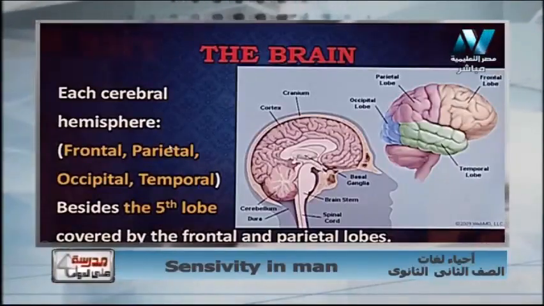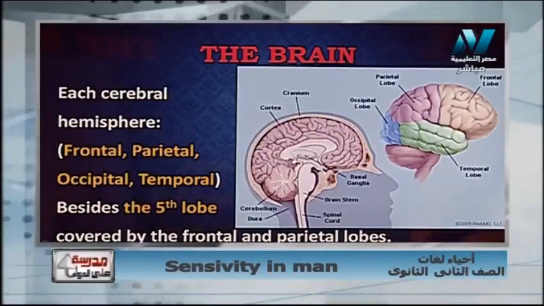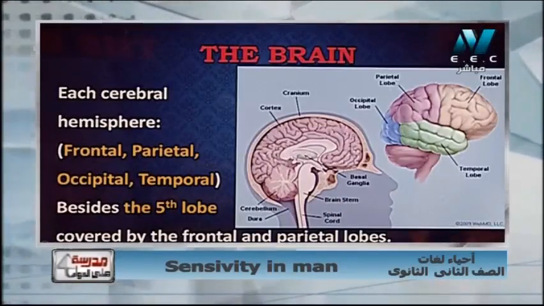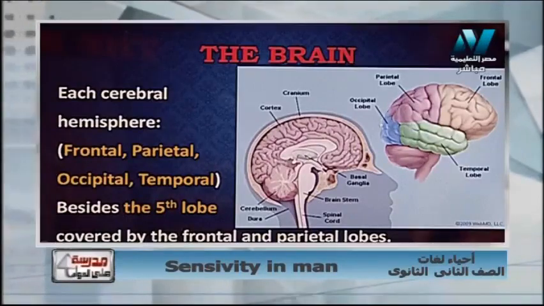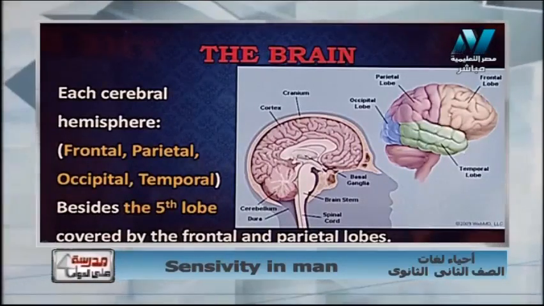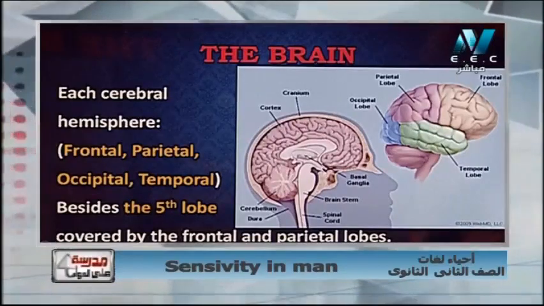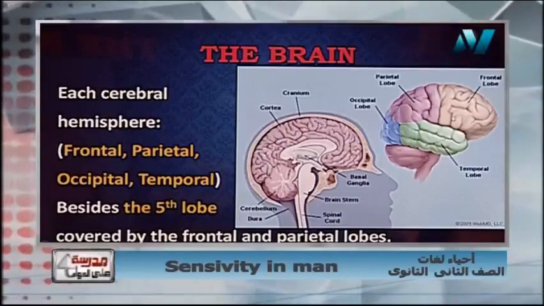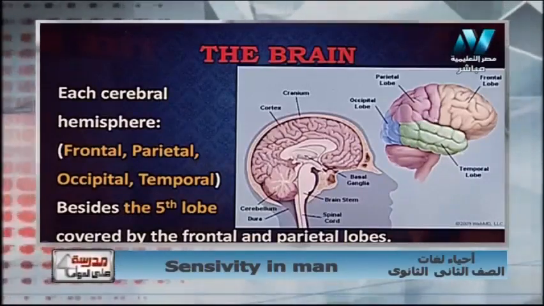Notice this picture: the frontal lobe, the parietal lobe, the occipital lobe, and the temporal lobe. This picture is very nice, showing different colors to distinguish different lobes of the brain.